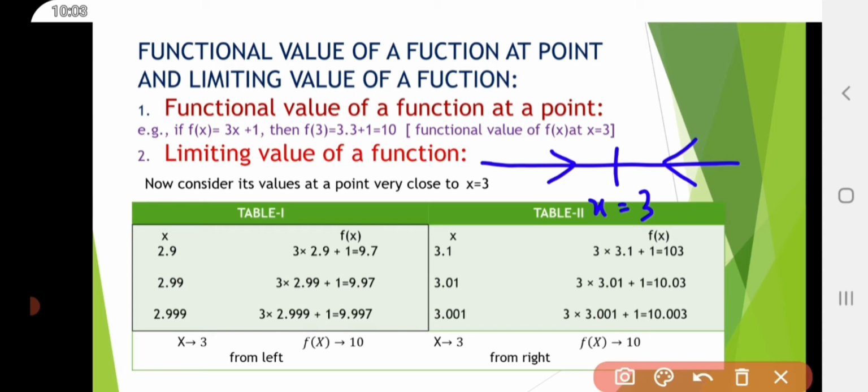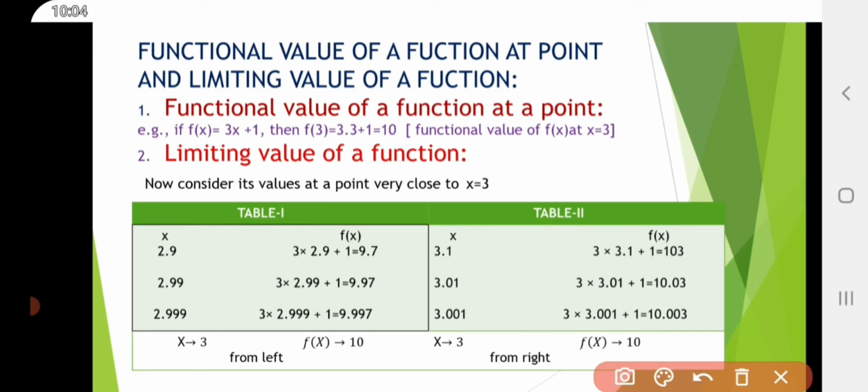Here is table 1, in which x approaches 3 from the left hand side. In table 2, x approaches 3 from the right hand side.